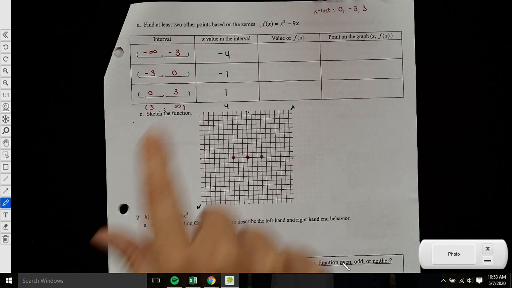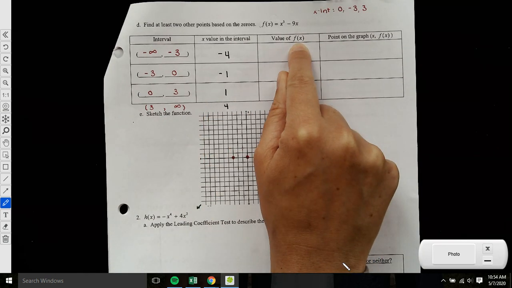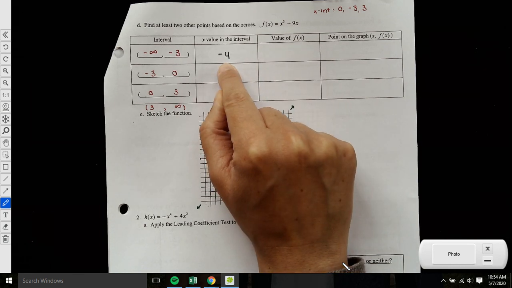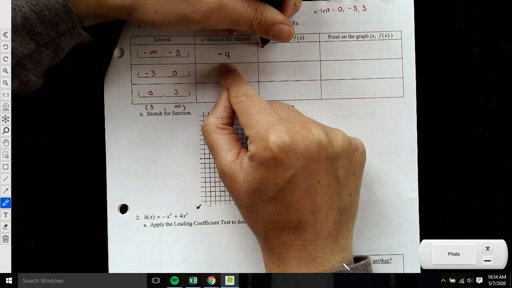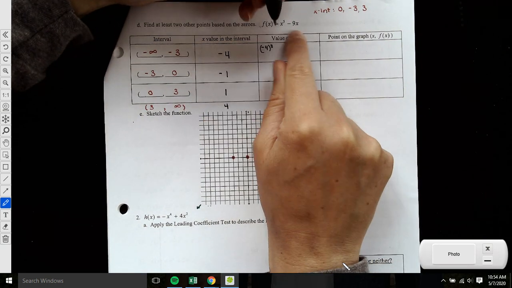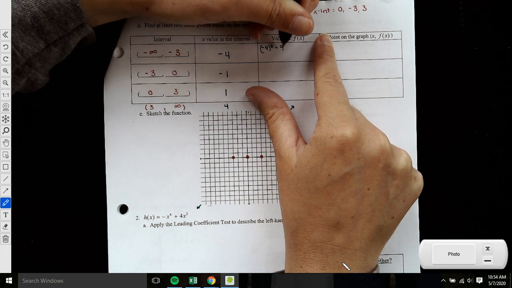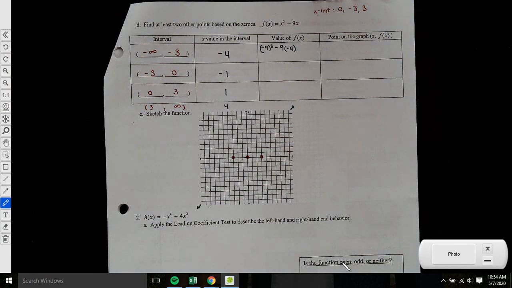So if I chose -4 as my x value to find f of x, so to find the y value or what the point is going to be, I need to plug in -4. So -4 to the third minus 9 times -4. So -4 to the third is going to be -64.